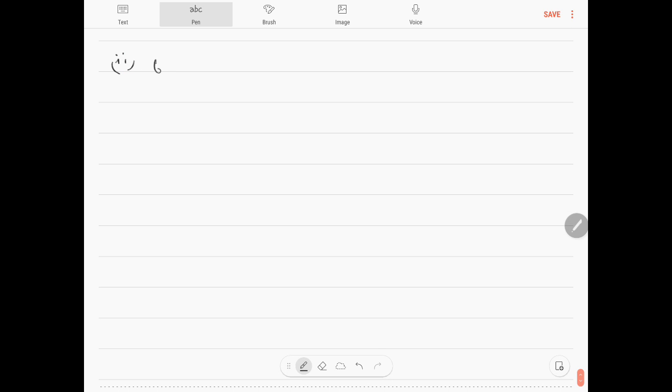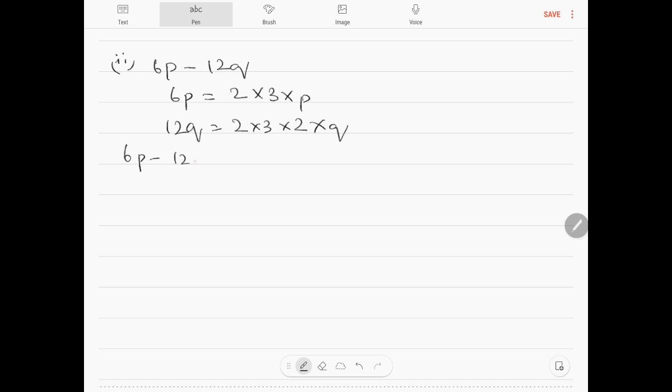Problem number 2, 6p minus 12q. 6p is splitting up into prime factors, 2 into 3 into p. 12q is 2 into 3 into 2 into q. So 6p minus 12q is 2 into 3 into p minus 2 into 3 into 2 into q.